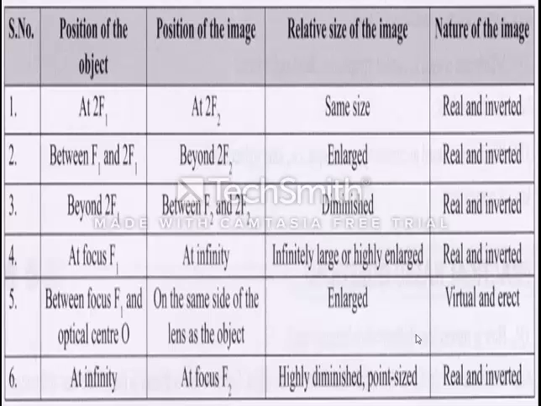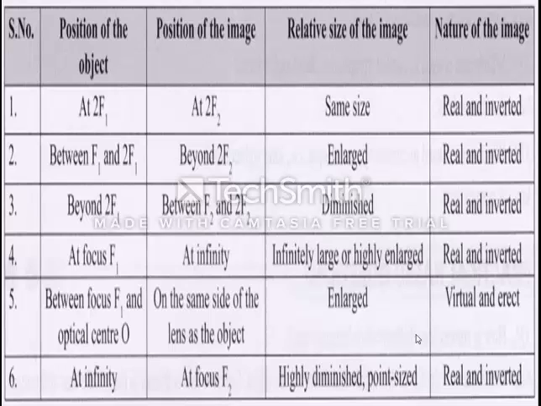Suppose a question comes in the exam that an object is placed at 30 centimeter in front of a lens, and the image is formed 30 centimeter on the other side of the lens. So what will be the focal length? If you know the case of lens, you can do that.